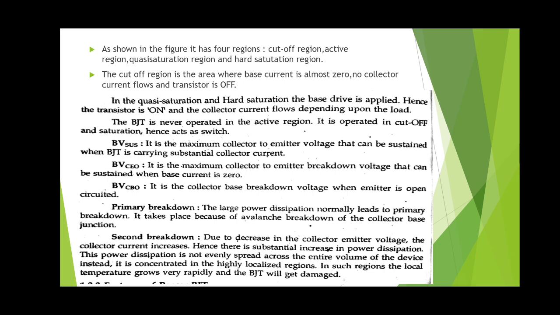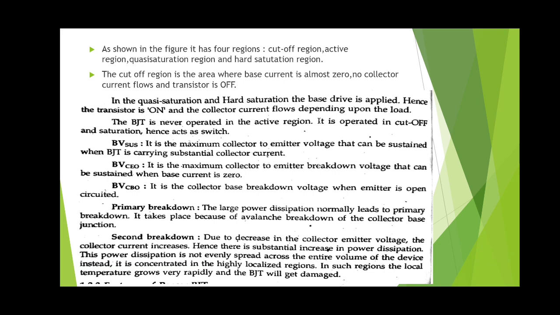Due to this drop in voltage, the collector current increases, so there is a substantial increase in power dissipation.